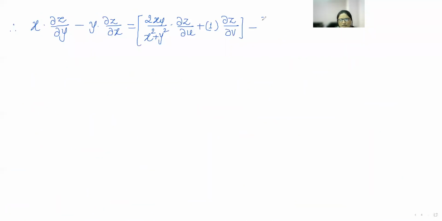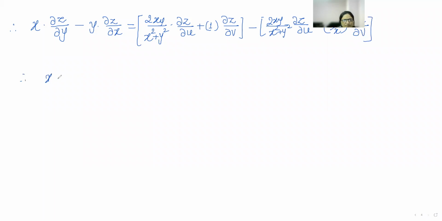It is 2xy divided by x square plus y square into dou z by dou u minus y square divided by x square into dou z by dou v.